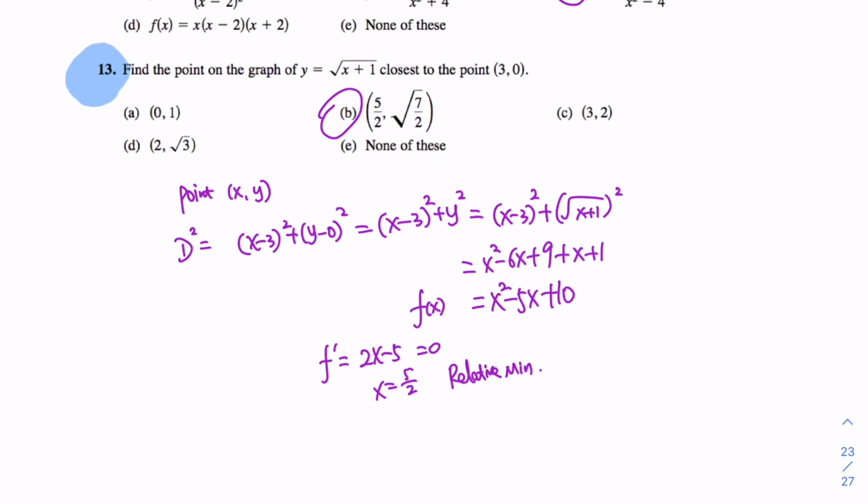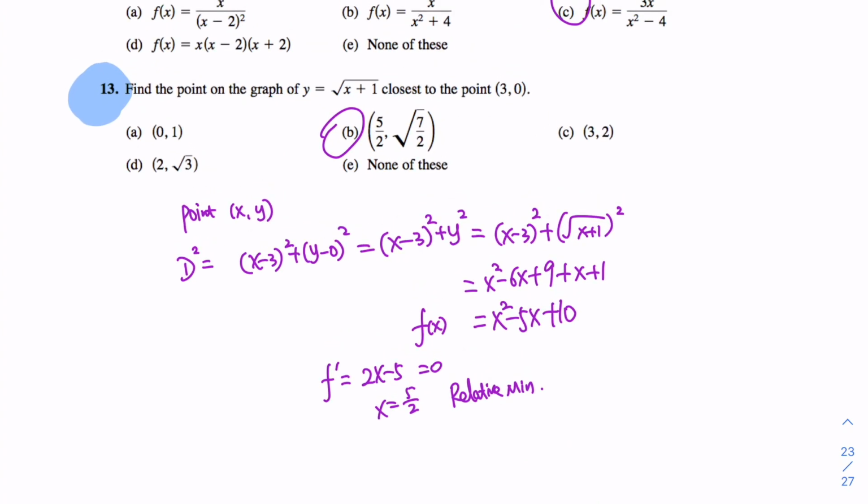In this problem, find the point on the graph y equals this that is closest to the point (3, 0). We have a graph, and (3, 0) somewhere. As the point changes along the curve, the distance between the point on the curve and (3, 0) is also changing. Which one is the shortest distance? We are trying to minimize the distance.